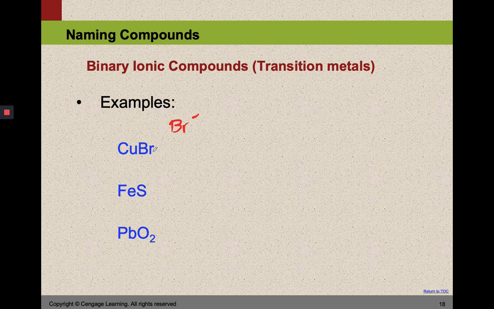So the only way for this chemical formula to happen is if copper has a charge of Cu plus 1. So that when you crisscross, you end up with CuBr. So the name here is copper 1 bromide. The same thing happens with FeS.